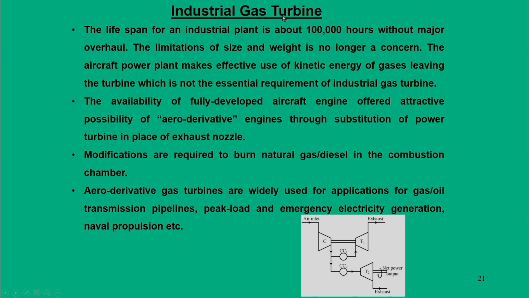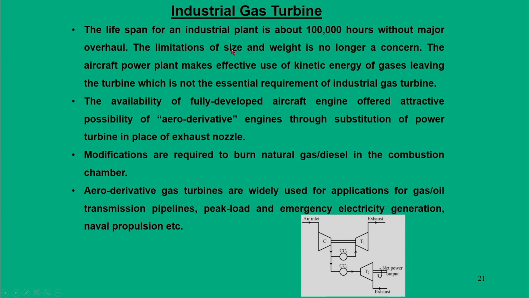When you think of this gas turbine running in an industrial mode, that means it has to run continuously, 24/7, 365 days, so you require a very rigorous lifespan. The lifespan requirement is 1 lakh hours without major overhaul.